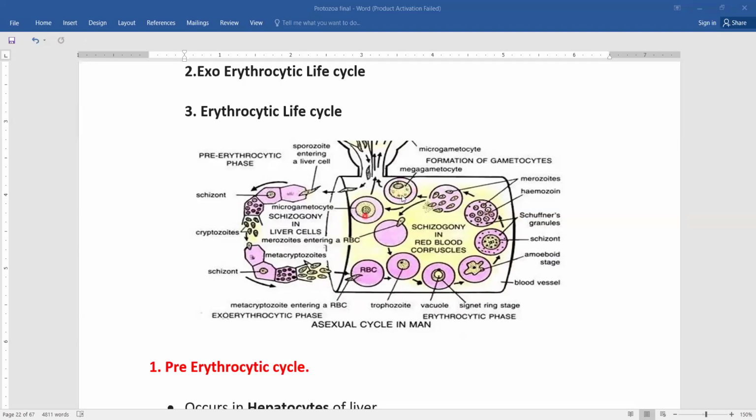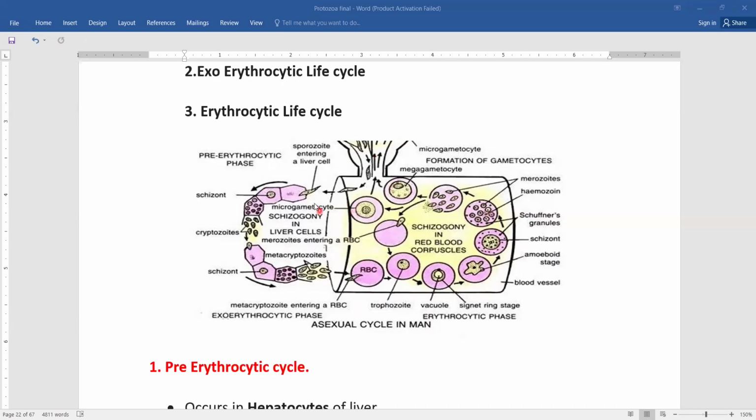Okay, there are two kinds of gametocytes. One is the microgametocyte, which is smaller in size, and the megagametocyte, which is larger in size. These gametocytes are the infective stage to the female Anopheles mosquito.